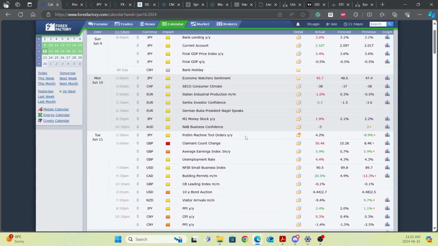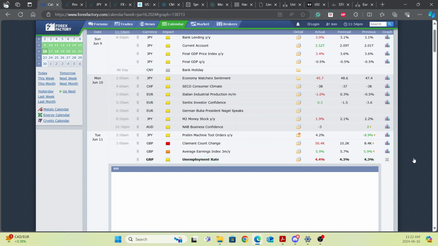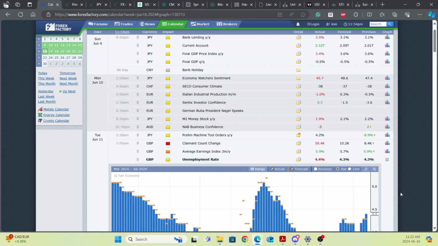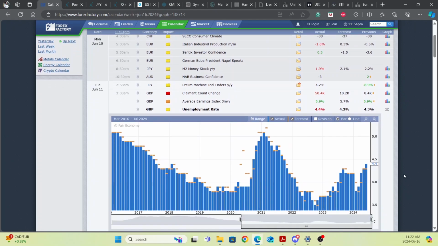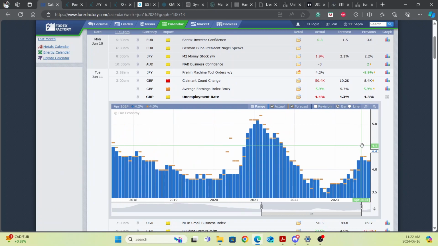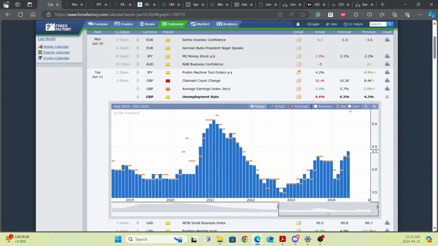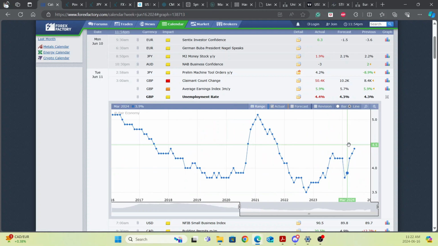So if we look at the other data, let's go through some of the labor data. Labor data we had from Britain. Unemployment went up to 4.4%, which is the highest since November 2021.